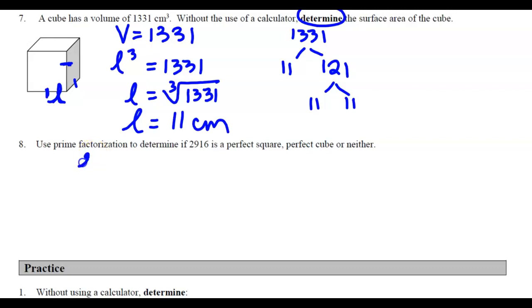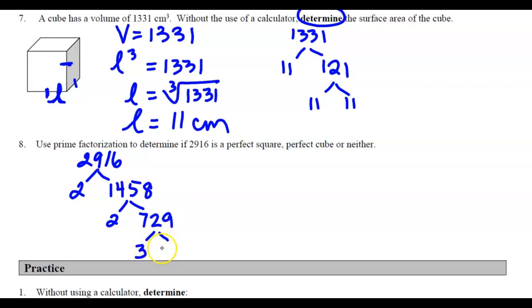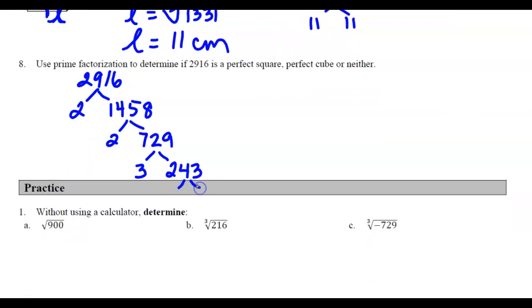So prime factorization, I'm going to start with 2s. Now I'm going to have to go to 3s, right? And right now, can you tell that it's not a perfect cube?